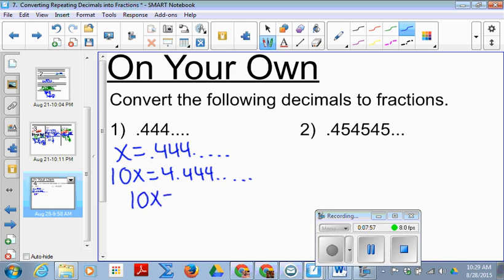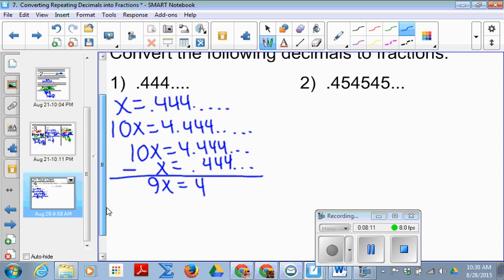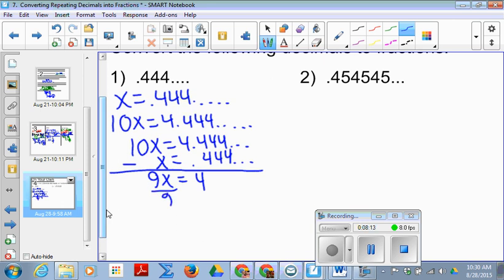Subtract our new one from our original, and we've got 9x equals 4. Divide both sides by that 9, so we're left with x equals 4/9.